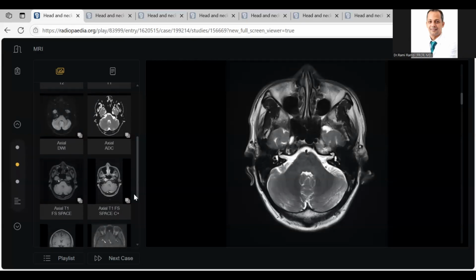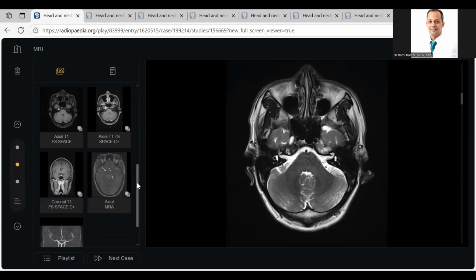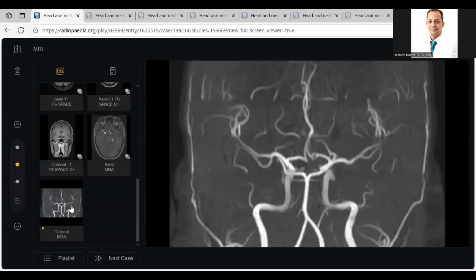Differential diagnosis contains cholesterol granuloma, cholesteatoma, and petrous apicitis. This is the MRA to rule out other related lesions, maybe very far, an aneurysmal dilatation.